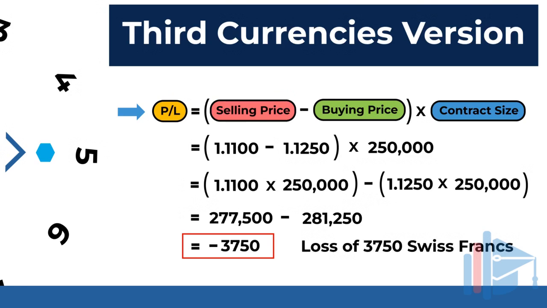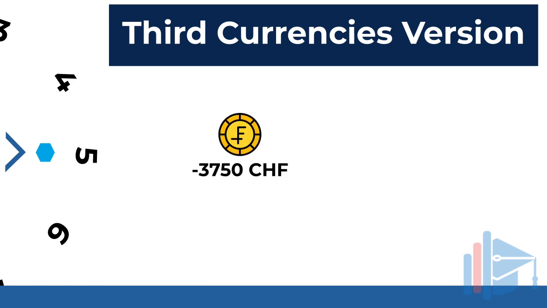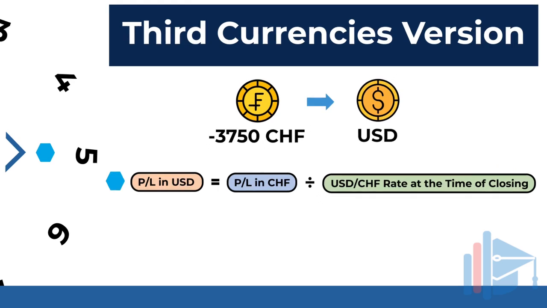How then do we account for the profits in US dollars? To convert the profit or loss from Swiss francs to US dollars, we use the following formula. P&L in USD is equal to P&L in CHF divided by USD CHF rate at the time of closing.